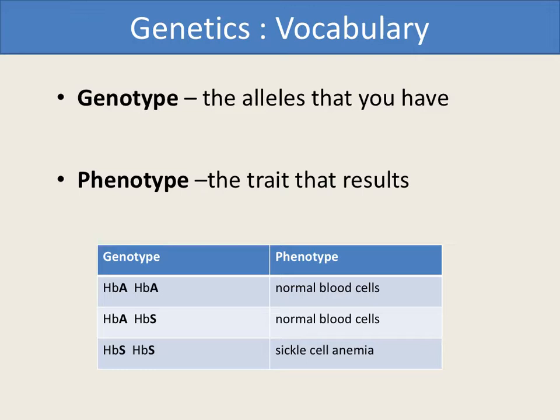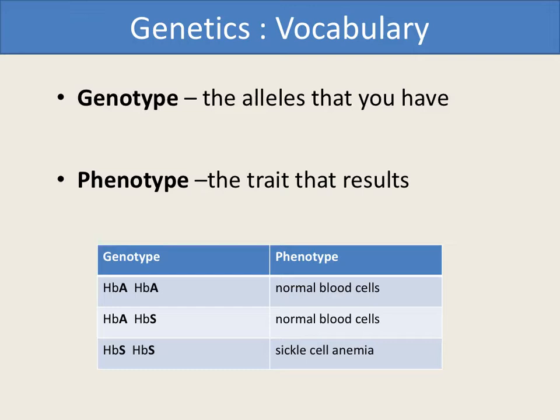So, a genotype, those are the alleles that you actually have. And the phenotype is the trait that results from those genotypes. So, in this case, the genotype for normal is HbA, and you have normal blood cells. That's the phenotype.